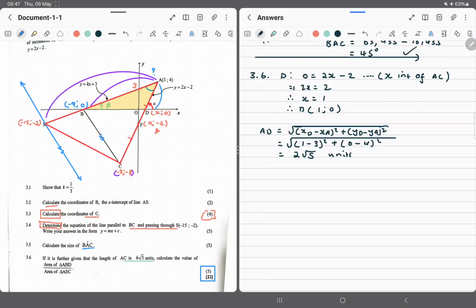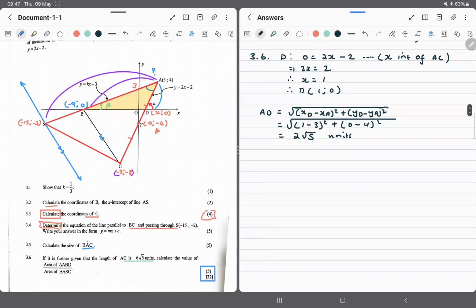So that would be the distance AD. Now we also want the distance AS. So we just have all distances to calculate, guys. So it's going to be x at A minus x at S, all squared, plus y at A minus y at S, all squared.